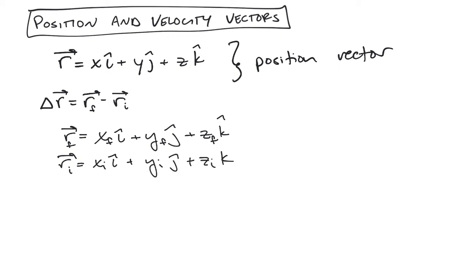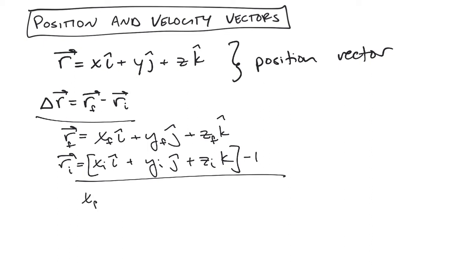So you end up with these 2 vectors, and then you have to subtract them to get your delta r. So if you subtract those 2, you're just doing this times -1 and adding them together, you get xf i hat minus xi i hat plus yf j hat minus yi j hat plus zf k hat minus zi k hat.